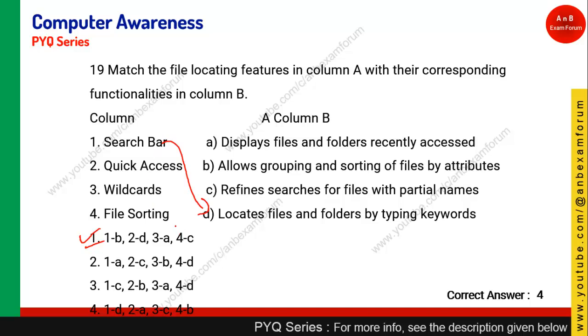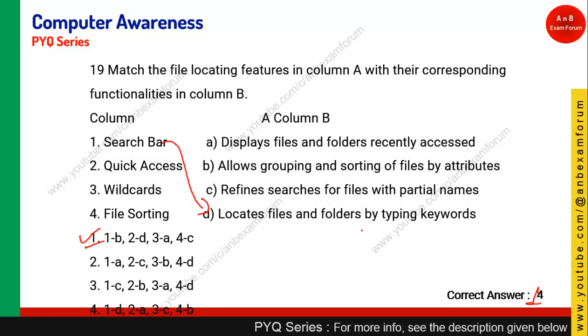He is saying 2 with the D, 2 with the A. I think this option is wrong. This is option 1 only. One is like D. Okay, 1 is D. Sorry.